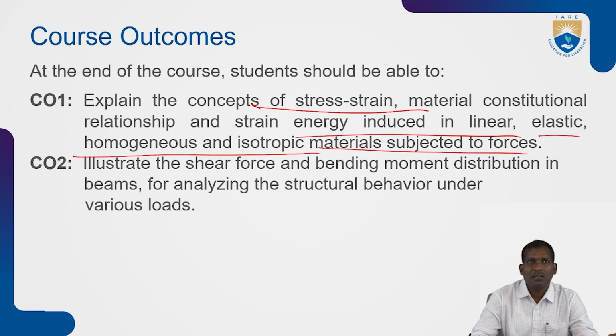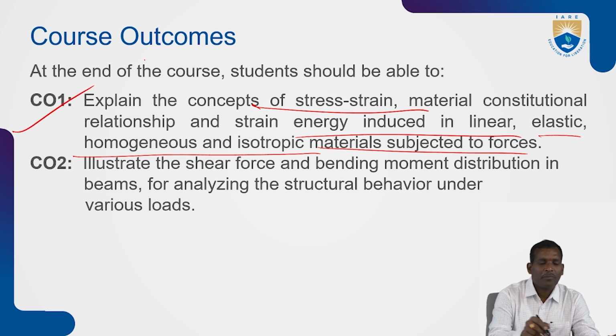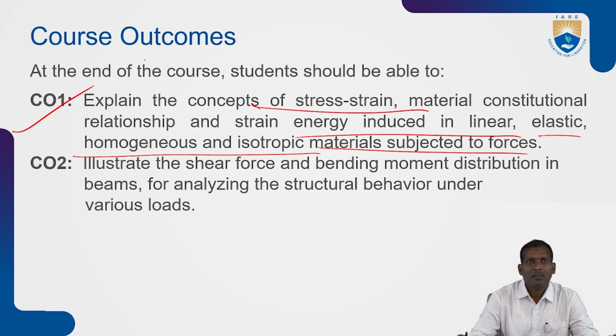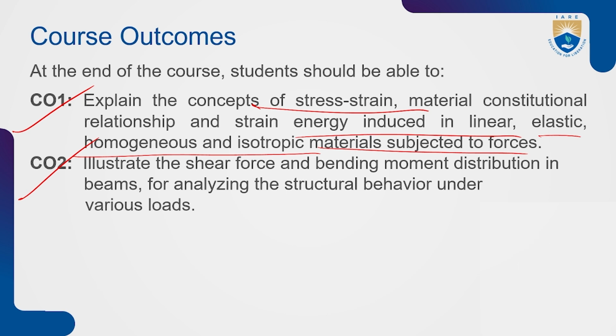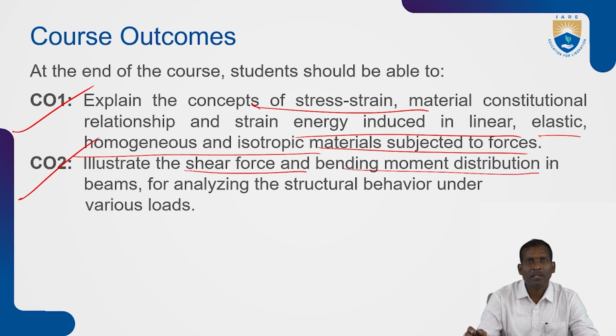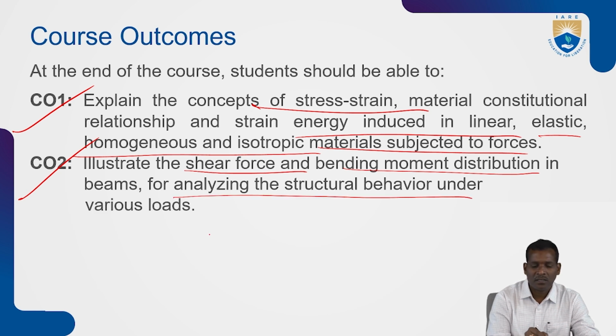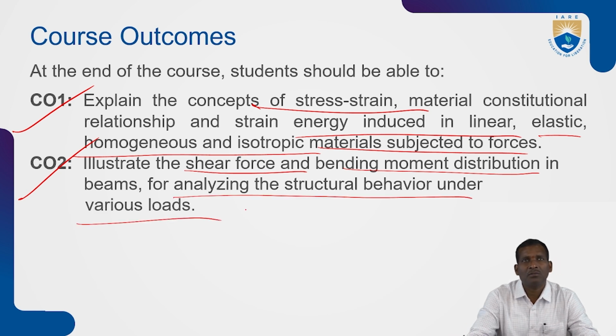This is CO1. Coming to CO2, the student should be able to illustrate the shear force and bending moment distribution in beams for analyzing the structural behavior under various loads.